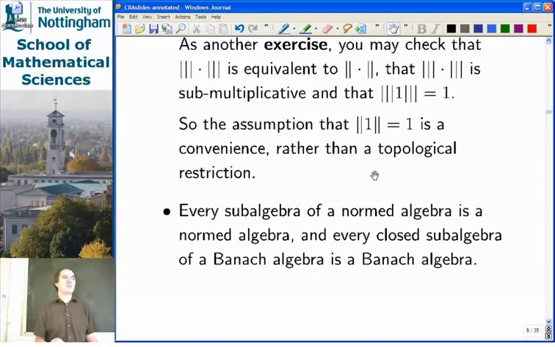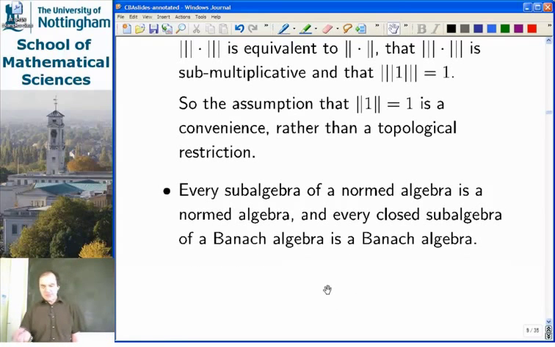And now I mentioned subalgebras. A subalgebra, of course, is a subset which is a linear subspace and it's closed under multiplication. And you could talk about a unital subalgebra. If you had a 1 in the original, then you could have a unital subalgebra having the same 1 in it as the original did. That would be a sort of notion of unital subalgebra. So subalgebras are normed algebras.